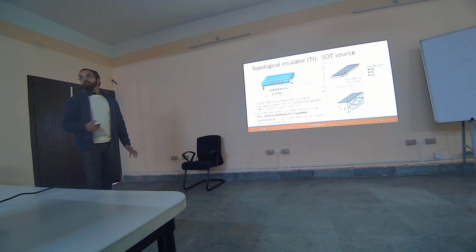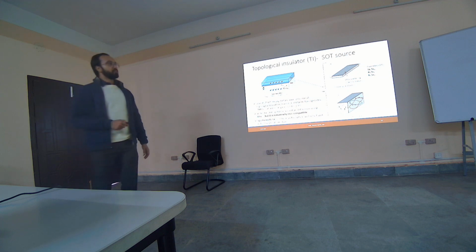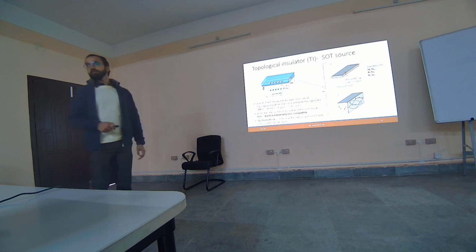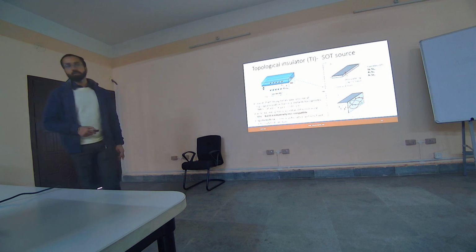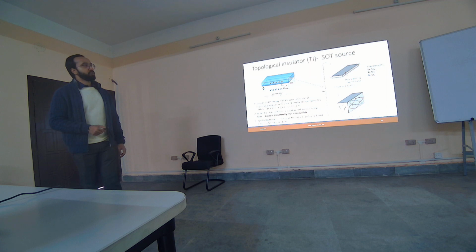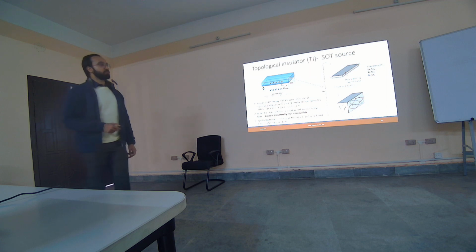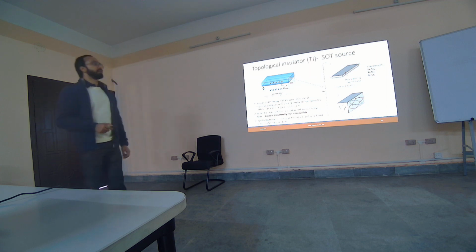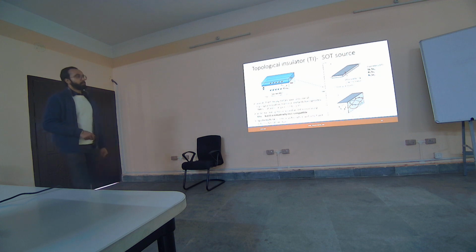You know what topology means, right? Topology is more like the shape, the structure. So that topology gives it the insulation property. So that's why it's called topological insulator. Okay. And these are examples. I have shown some examples here: bismuth telluride, bismuth selenide, antimony telluride. So these are materials which exhibit this kind of property.